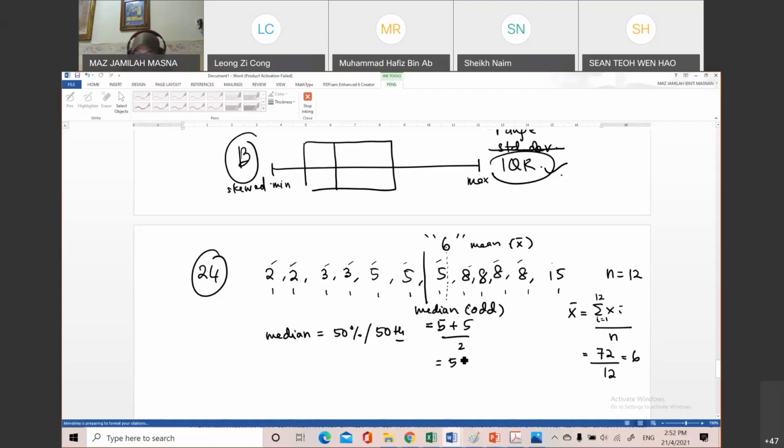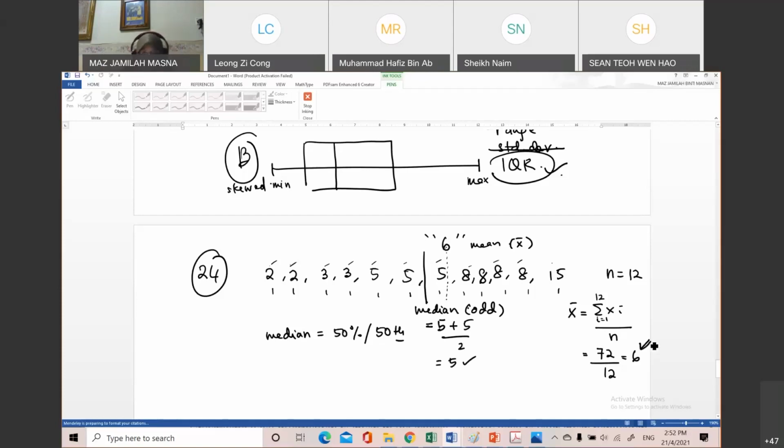Now, look at your data set. What appears in your data set that is causing the difference, where the mean is 6 and the median is 5? Can someone guess what is inside your data set that causes the difference?